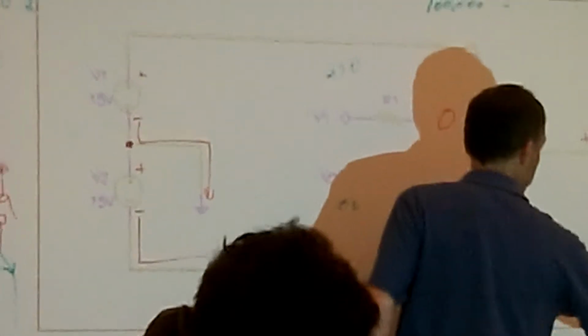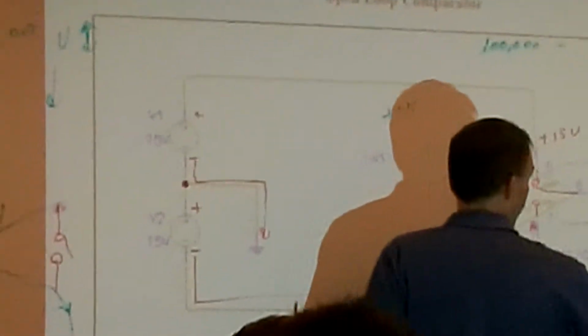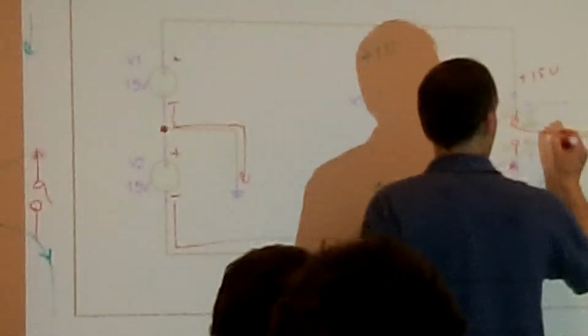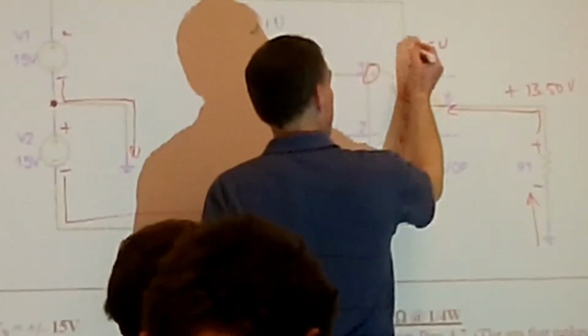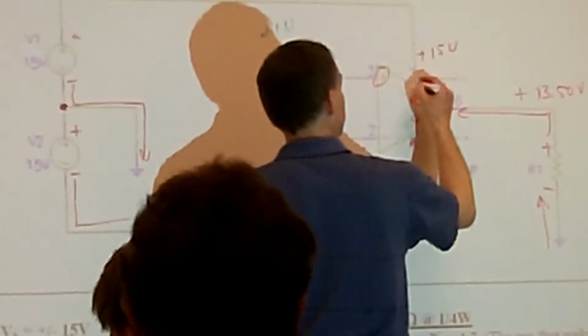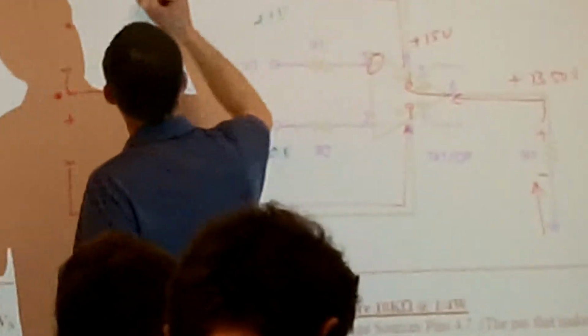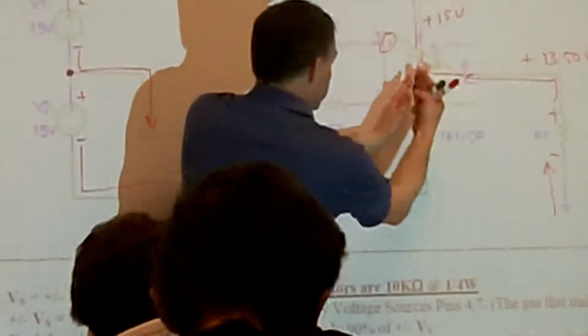It's going to come down through my ground, up through my ground, go negative to positive across my R1, into my op amp, and then up into my, because the switch is made and it's tied to my plus 15 volts VCC, and then back up into my source. So the only power supply that I'm actually using is just this one. That's the only one that actually has current flow. There is no current flow going to my negative side.